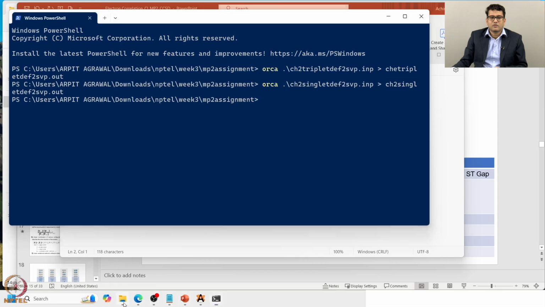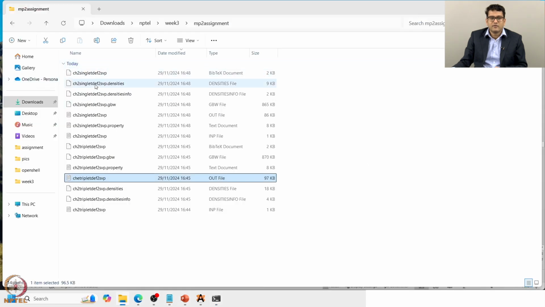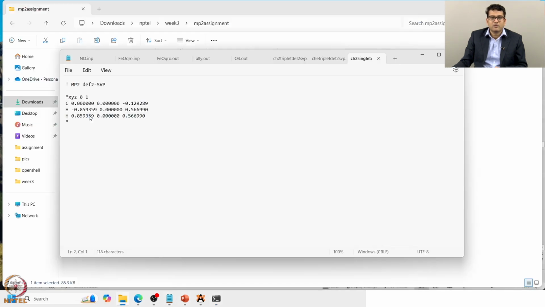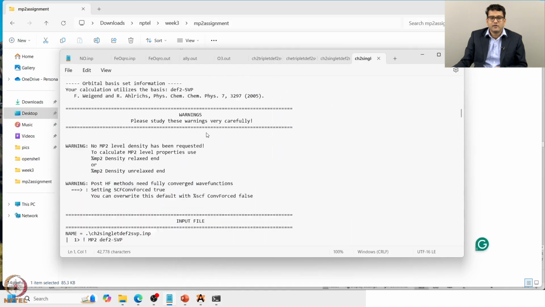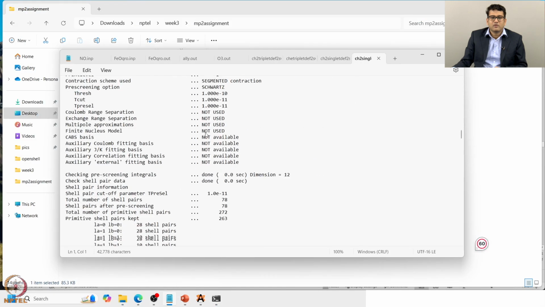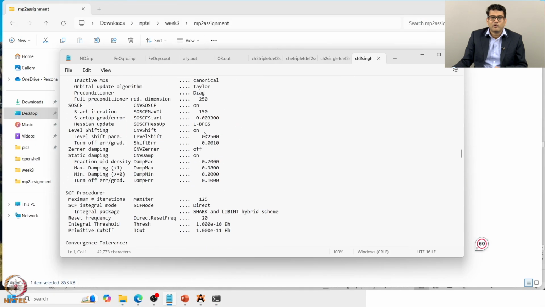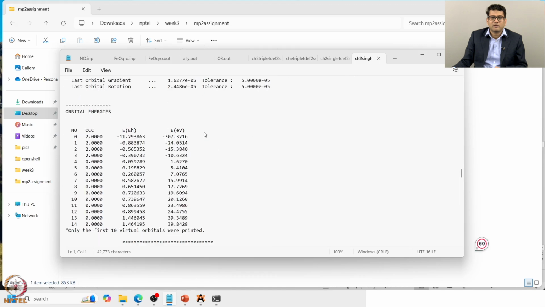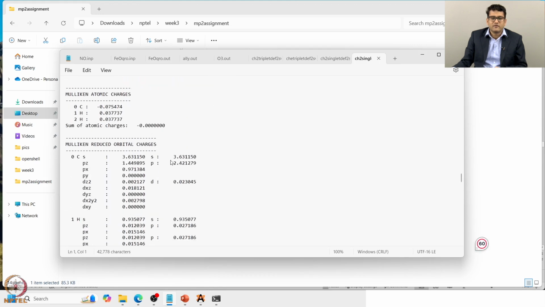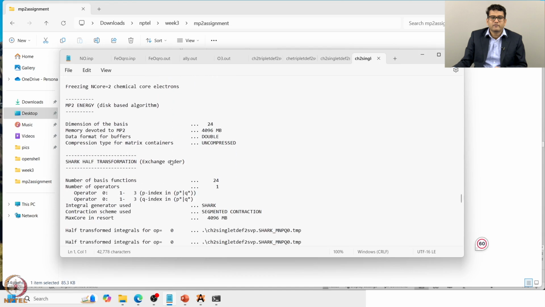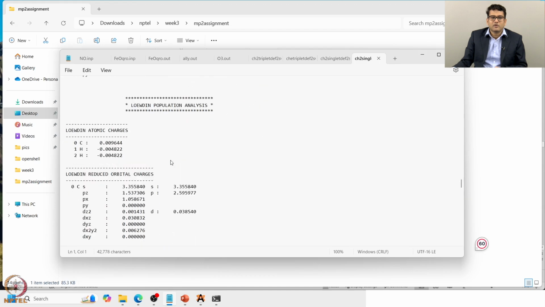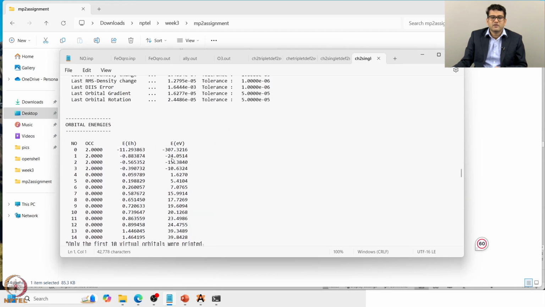So I hope the calculation is done. Yes, it's done now. So let me open the output file. Okay, I should have had a look at the molecular orbitals. They are quite well separated. This is positive. So let me copy the SCF energy.